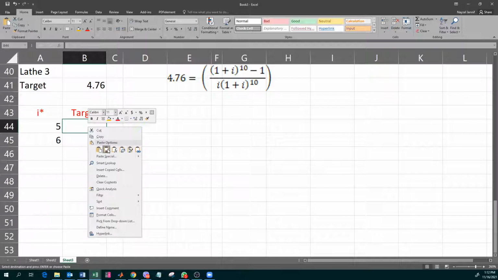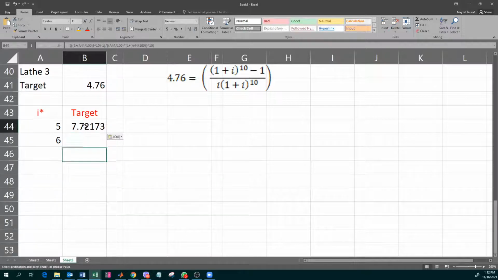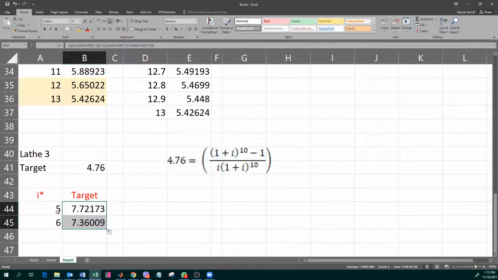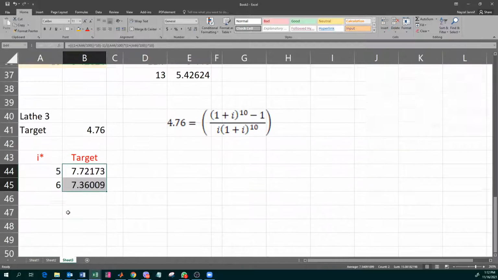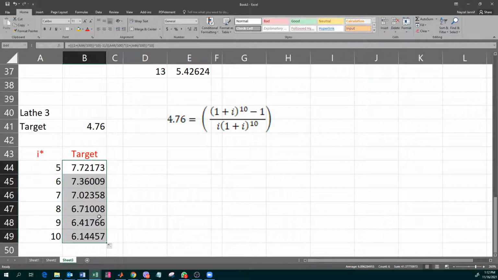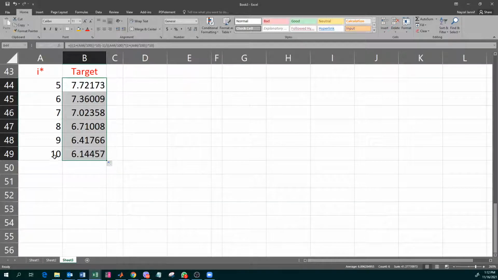I just copy it from my previous cell. Is it highlighting? Yes, it is. Oh, look, 5 and 6%. We're still way off. We wanted to hit 4.76%. So let's now increase it to 10 and see where it goes. Wow, still not yet. Let's now increase this to 15.